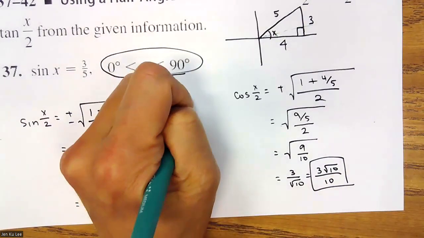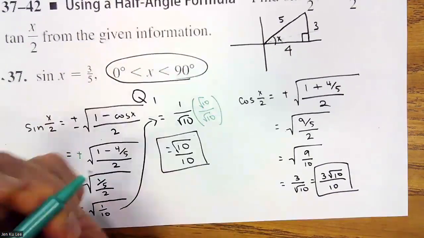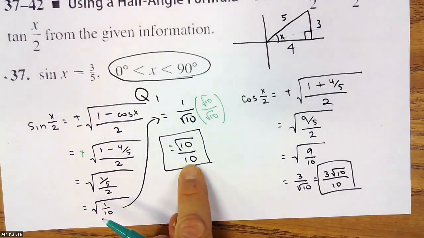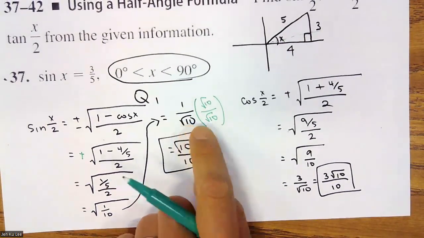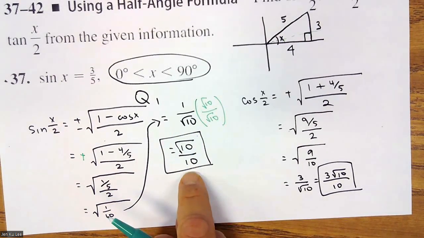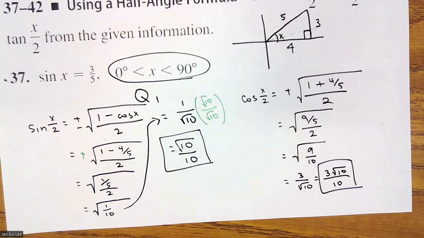So rationalizing the denominator, square root of 10 times square root of 10. Square root of 10 times square root of 10 is just 10, right? If you want to think about it, square root of 10 times square root of 10, that's square root of 100, which is 10. And then 1 times square root of 10 is square root of 10. Okay.